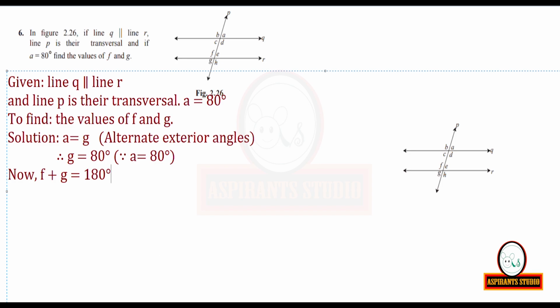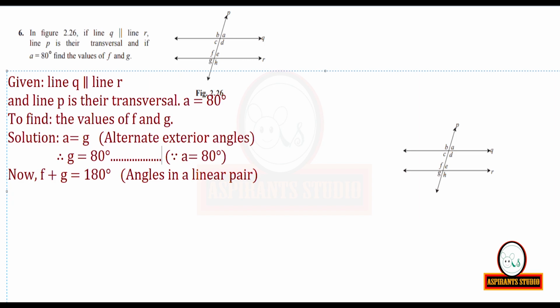Therefore F plus 80 degrees will be equal to 180 degrees because you can substitute the value of G, because we have found out the value of G is 80 degrees. You can take it to be equation number 1 also. G is equal to 80 degrees, you can take that step. That equation is equation number 1. Then you can substitute here. F plus G is equal to 180 degrees you are having.